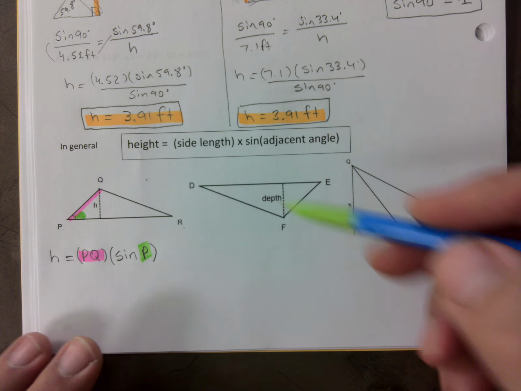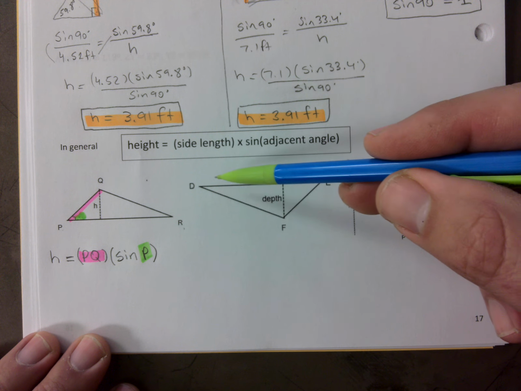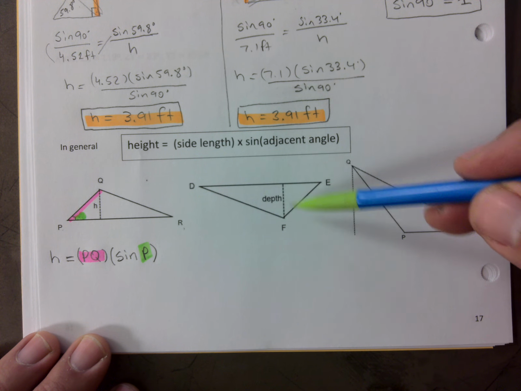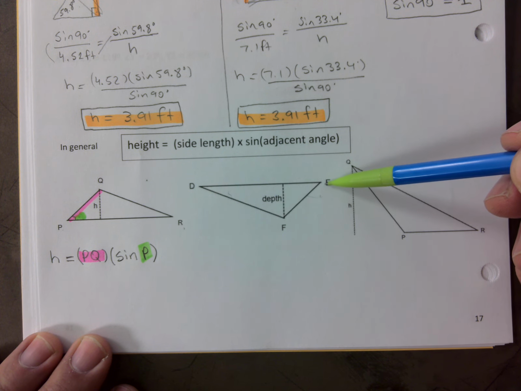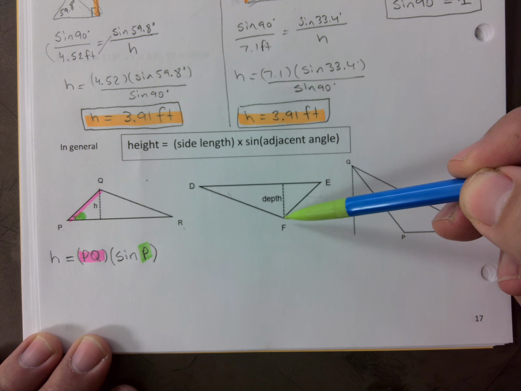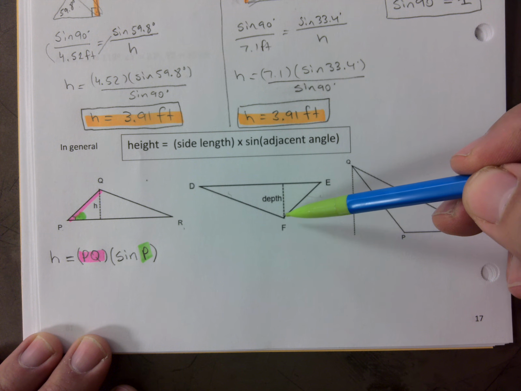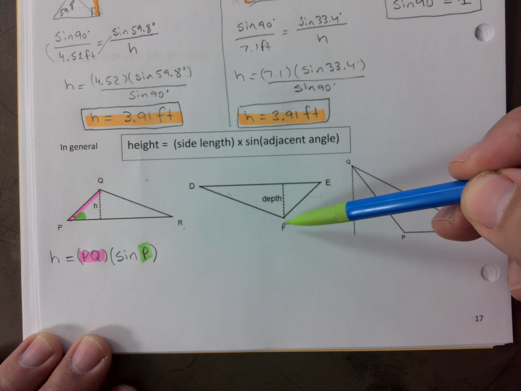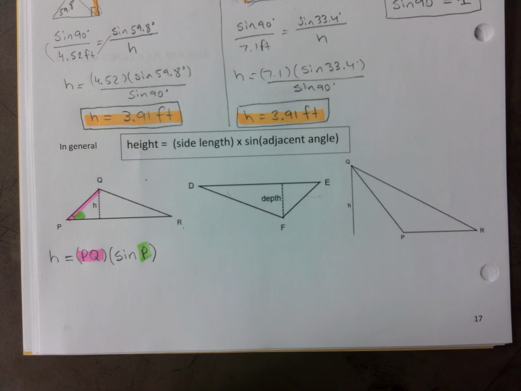Let's go over to this one. Triangle DEF, right? You sketch it out, and I ask you to find the depth of maybe, maybe this is like two mountain tops, right? And I want you to figure out the depth, right? Or this is like an ocean. This is the top of the ocean. I want you to figure out how far down is the ground. And so what you would do there, same thing.